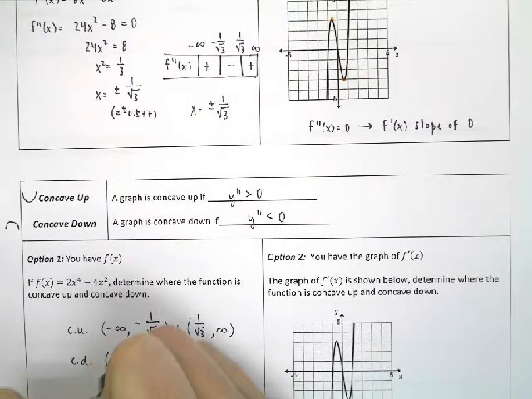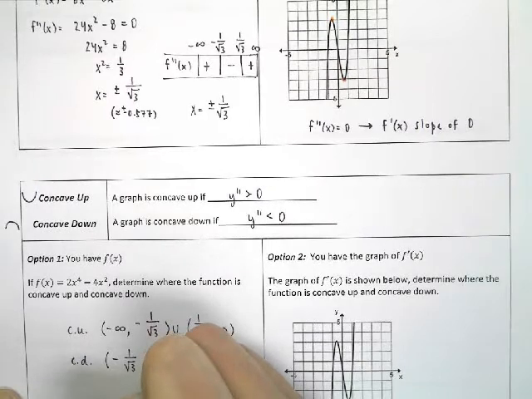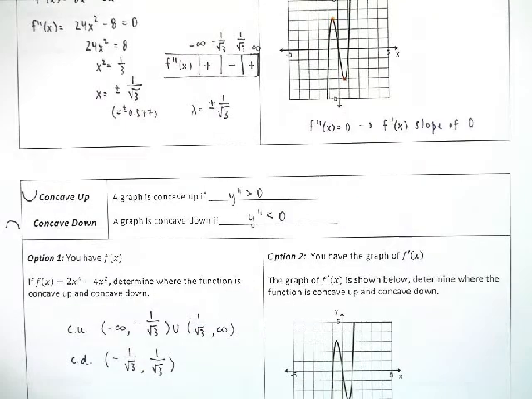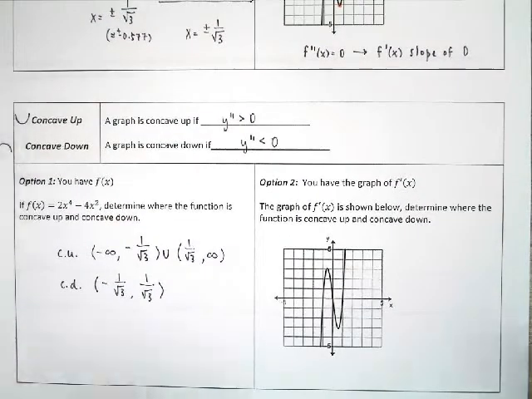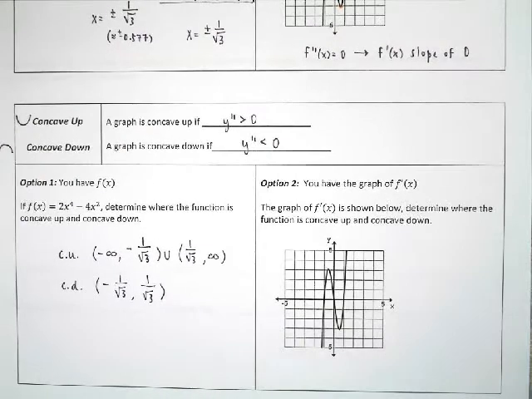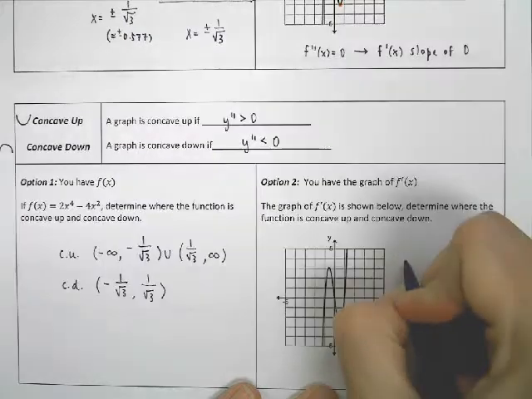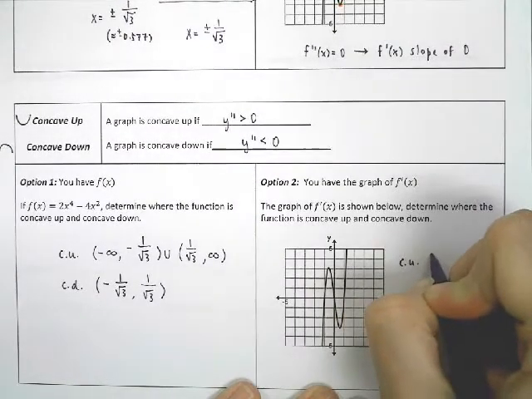My second option for finding out about concavity is looking at the graph of f prime of x. Okay, we know that we're going to be concave up where f double prime of x is greater than 0, which means that the slope of f prime is greater than 0 or positive.